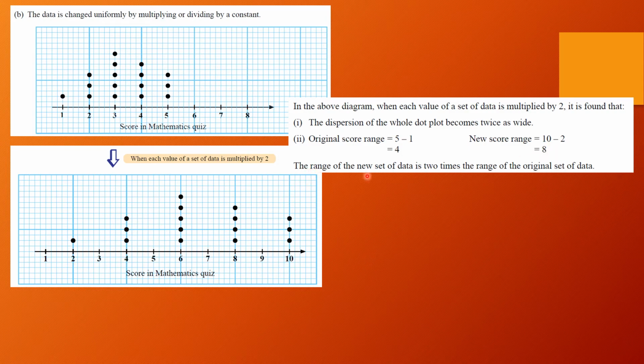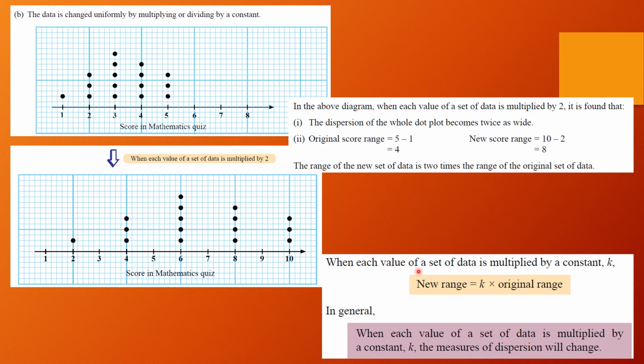So the range of the new set of data is 2 times the range of the original set of data. When the set of data is multiplied by 2, the range is also multiplied by 2. The original 4 multiplied by 2 gives the new score range of 8.